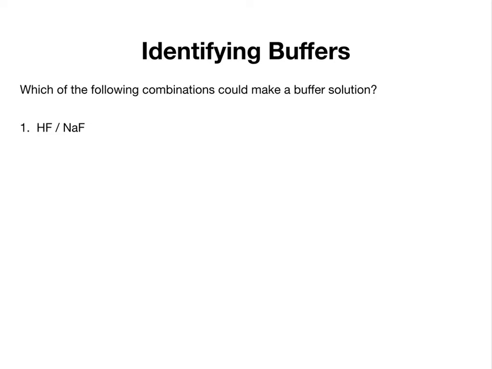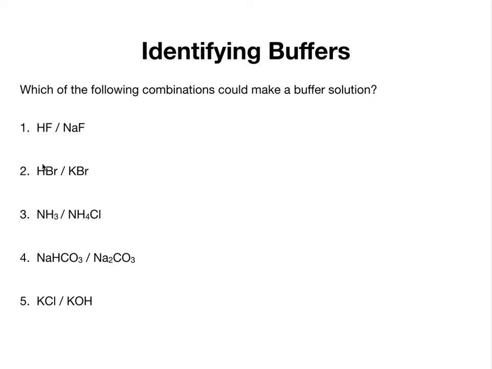Some HF combined with sodium fluoride, some hydrobromic acid combined with potassium bromide, ammonia combined with ammonium chloride, sodium bicarbonate combined with sodium carbonate, and potassium chloride combined with potassium hydroxide. Which of the following combinations could make a buffer solution?